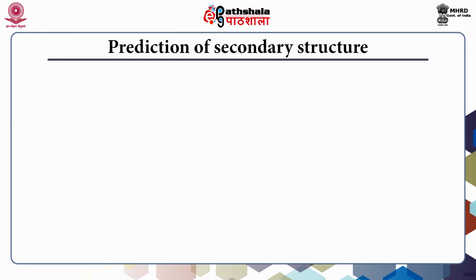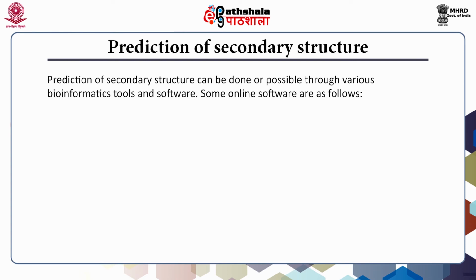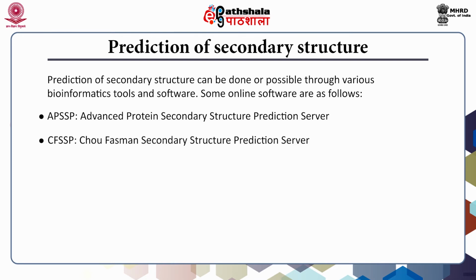Prediction of secondary structure can be made possible through various bioinformatic tools or software. Some online software are as follows: APSSP, which stands for Advanced Protein Secondary Structure Prediction Server; CFSSP, which stands for Chou-Fasman Secondary Structure Prediction Server.